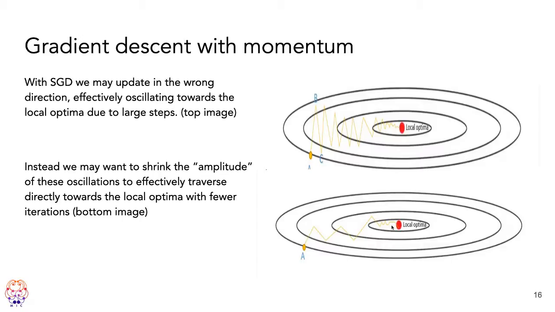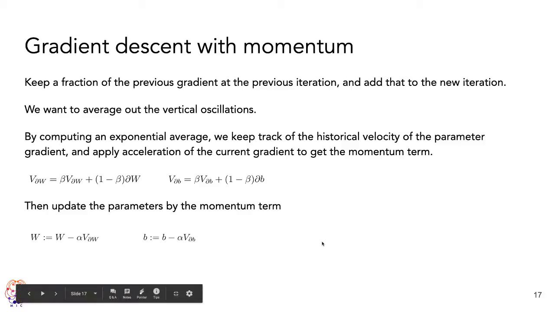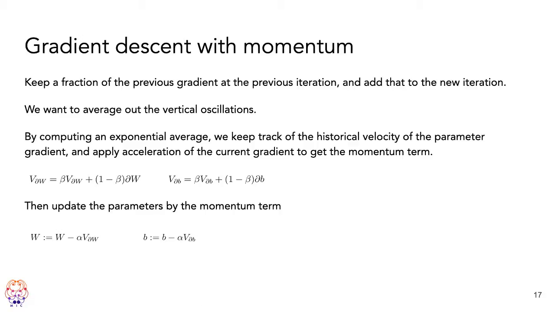All right, so everybody got the intuitive explanation? Yeah. All right, so to actually implement that, what we do is we keep an exponential average. An exponential average is basically you take the average of the previous time step, multiply it by some amount, and then add the new time step.